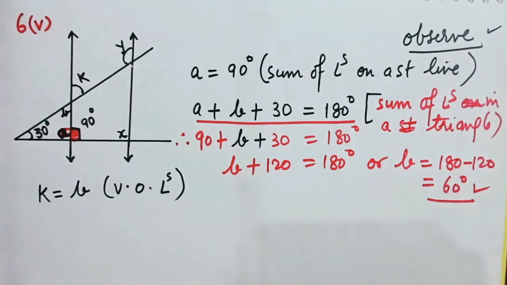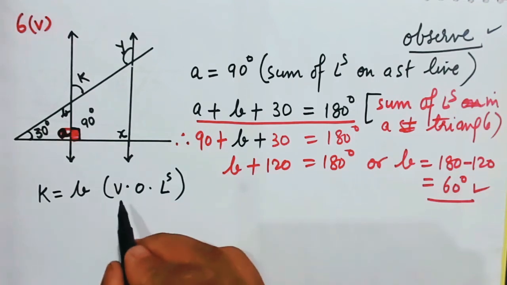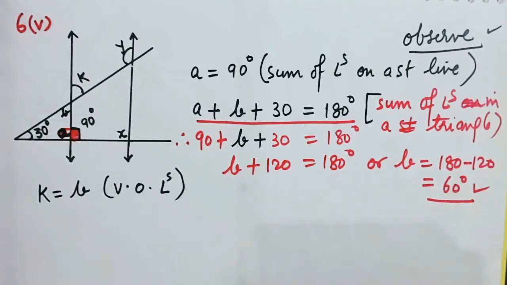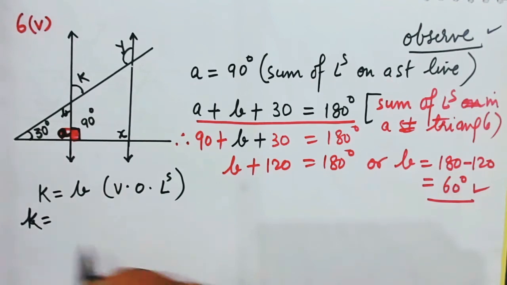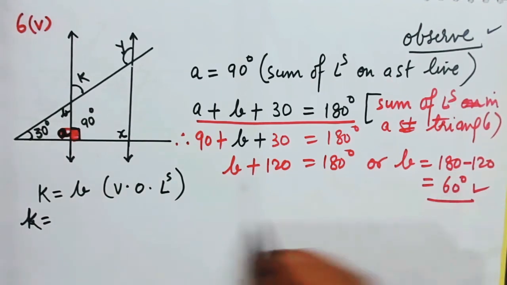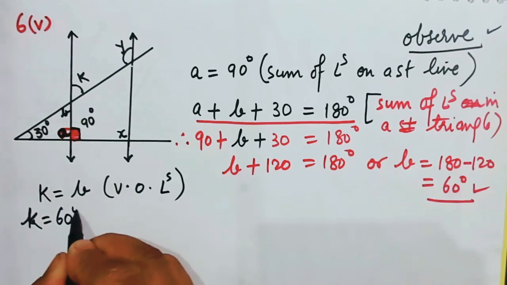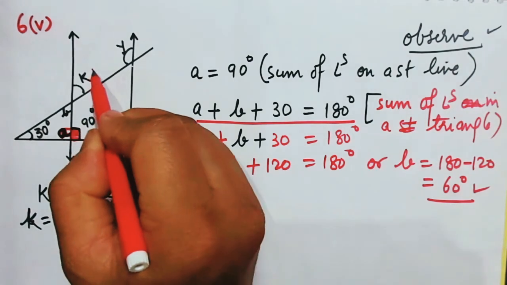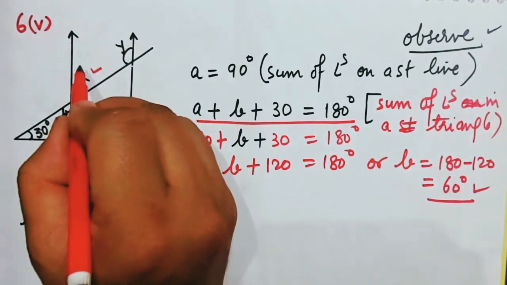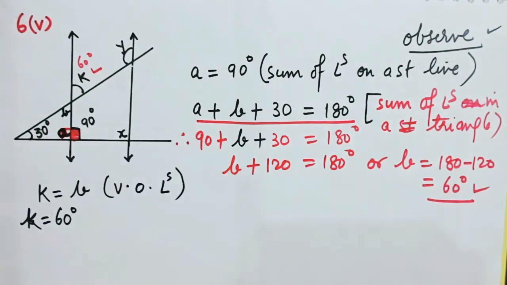You can also write it simply as VOA. K will be equal to 60 degrees, because the value of B is equal to 60 degrees. So I found out K over here as 60 degrees.